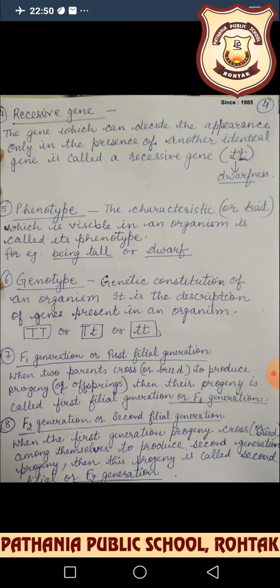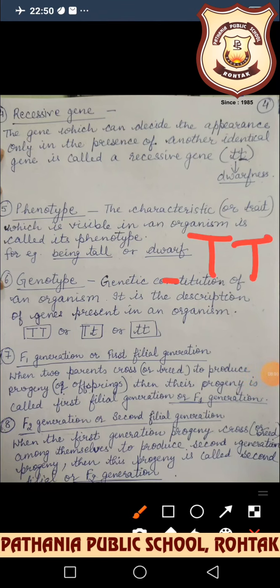Phenotype, the external appearance. Whether the pea plants look tall or dwarf from outside, it is the phenotype. But tall can be tall due to capital T capital T also, and a tall plant can be tall due to capital T small t also.